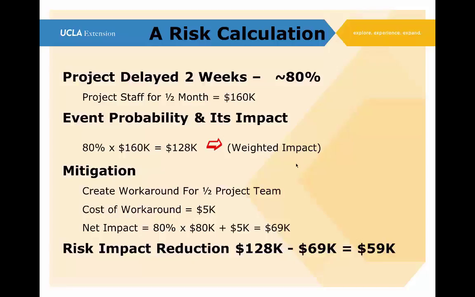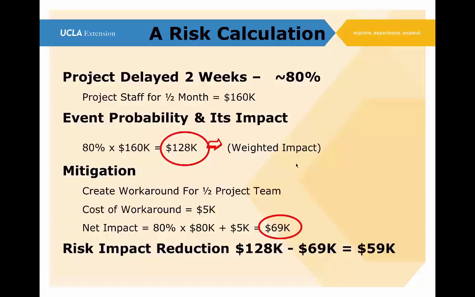If the cost of our workaround exceeded the cost of the savings, the 59,000, then it really wouldn't make any practical sense to actually do the workaround. But here we say by spending $5,000 we can save $59,000. So we have actually done an improvement.